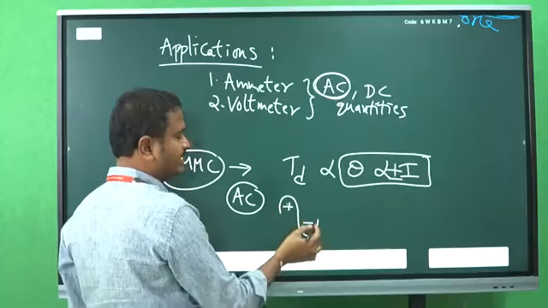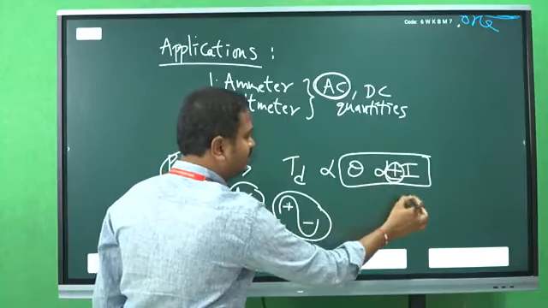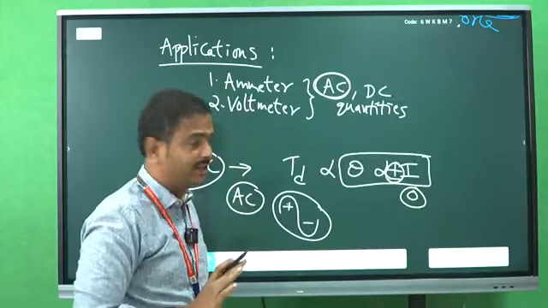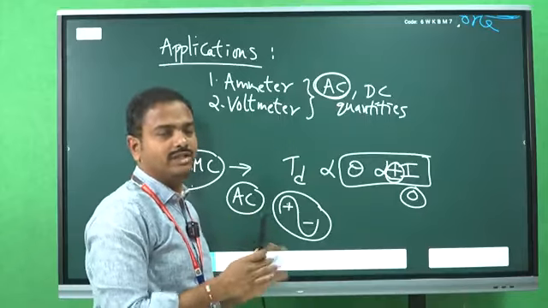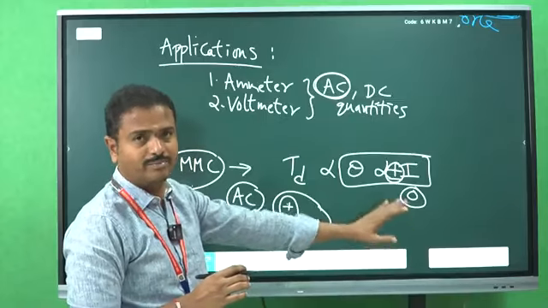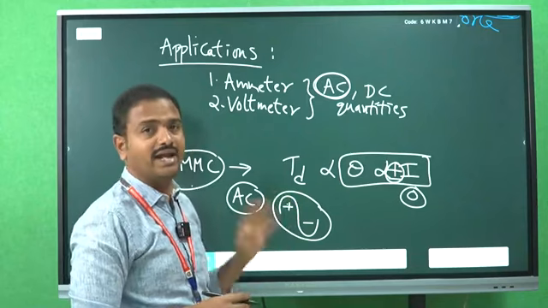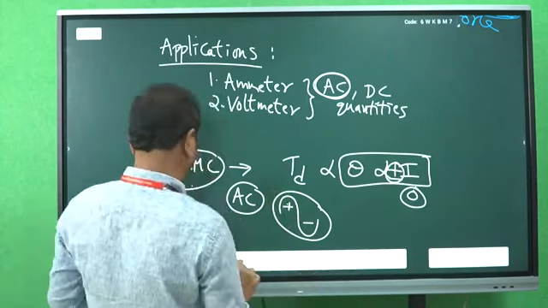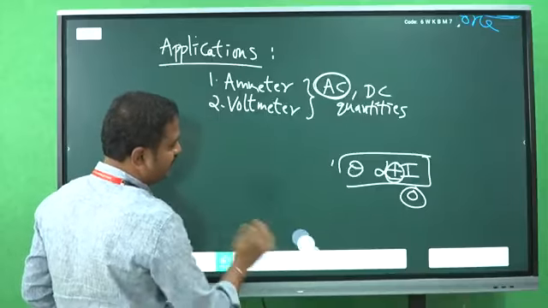So with both plus and minus, the average of the final value will be 0. That means if we connect a PMMC instrument in the AC supply circuit, the pointer does not move on the scale to represent the value. The average value is 0. But MI instruments measure AC voltage and AC current values accurately, because in this the angle of deflection is proportional to I square.